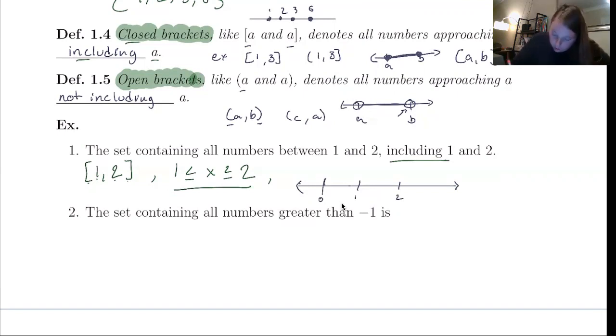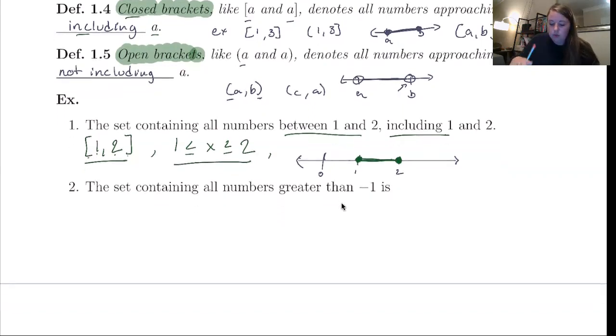So 1 is going to have a closed dot and 2 is going to have a closed dot. And this is telling me that I'm doing everything in between, right? All numbers between 1 and 2. So I'm also going to fill in this line. Don't make it like a rectangle. Make sure the points on 1 and 2 are pretty clear. There's better pictures in your textbook if my artwork isn't up to par. So that's how we would do a set like that.